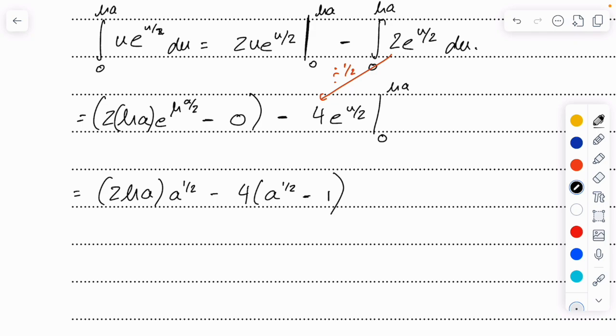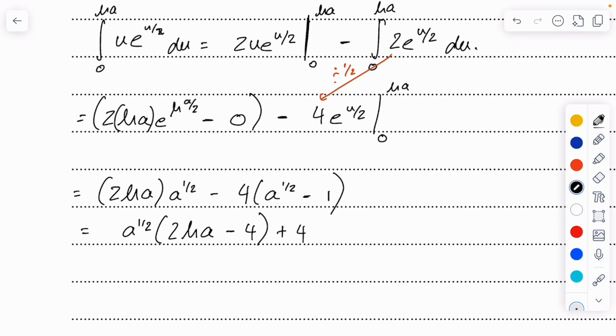Okay, 4 a to the half minus 1, which we can then simplify further. We can say it's going to equal a to the half (2 ln a minus 4) plus 4.